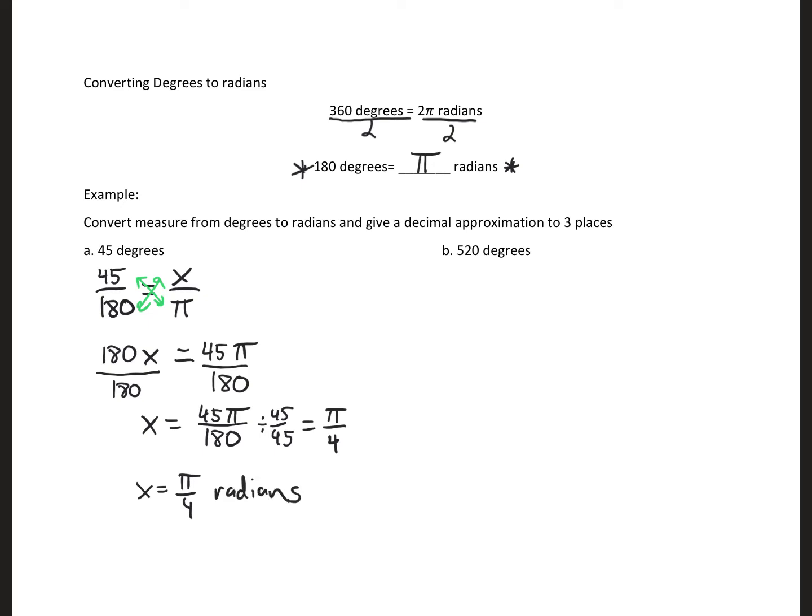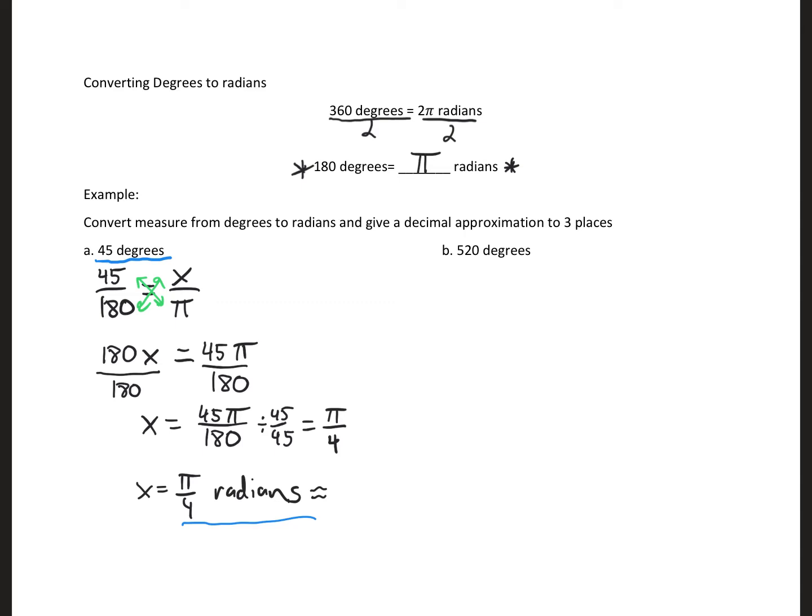What that means is 45 degrees is the same thing as an angle of pi over 4 radians. To estimate that to 3 decimal places, we can use the pi button on our graphing calculator.